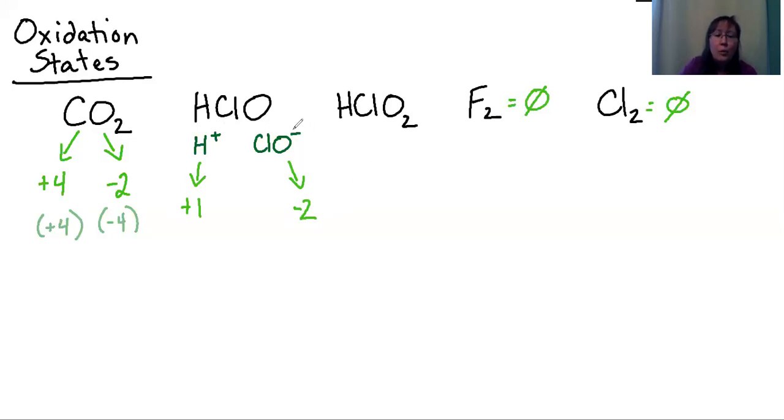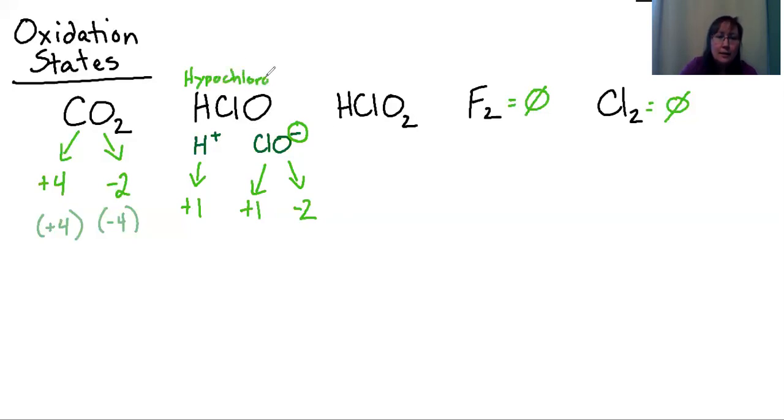Now what we need to do is reserve out this -1 charge, and that means that the chlorine has to be +1 for this all to balance. So +1 -2 balances for an overall 1- charge, and the whole thing together, +1 +1 -2, balances for an entire HClO as neutral.